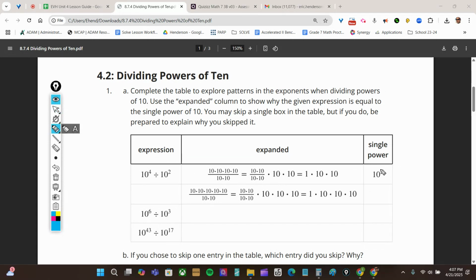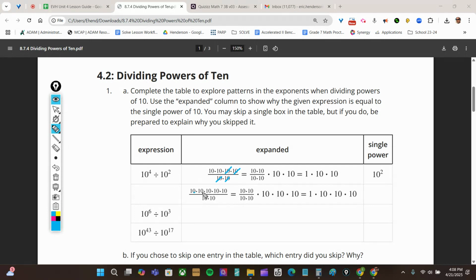Completing the table here. So we've got 10 to the 4th divided by 10 to the 2nd. Basically it's like subtracting these right here, which is going to leave you 10 to the 2, because 4 minus 2 is 2.